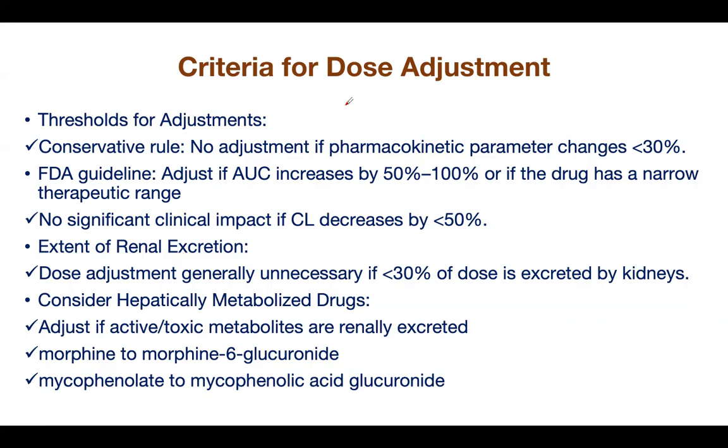But for some hepatically metabolized drugs, we need to understand the drug could be metabolized to certain active or toxic metabolites, and they are renally excreted. For example, morphine to morphine-6-glucuronide, mycophenolate to mycophenolic acid glucuronide. That is the time we need to be very cautious.